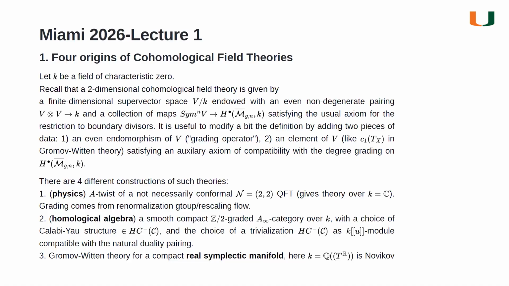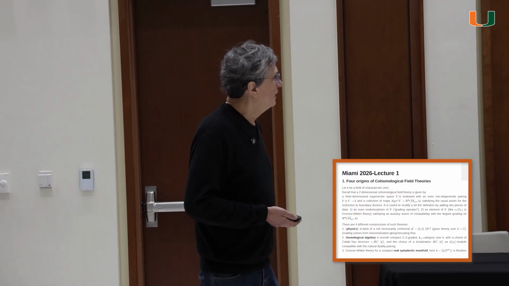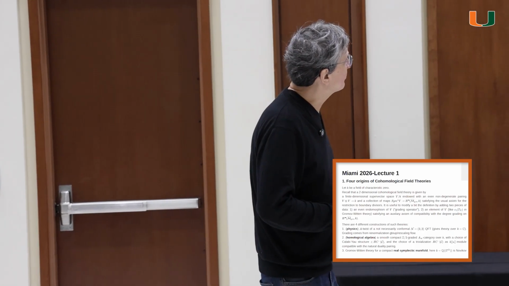Another origin is homological algebra. You start with a compact Z2-graded category with Calabi-Yau structure, which gives an element of negative cyclic homology, and this gives you a theory.